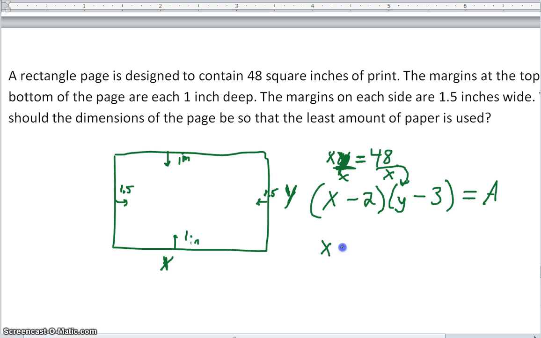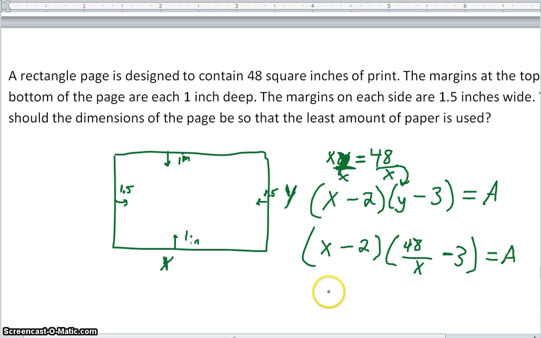So what I have is x minus 2 times 48 over x minus 3 equals my area. So if I multiply this all through, what we're going to get is an equation or a function that models the area for this.